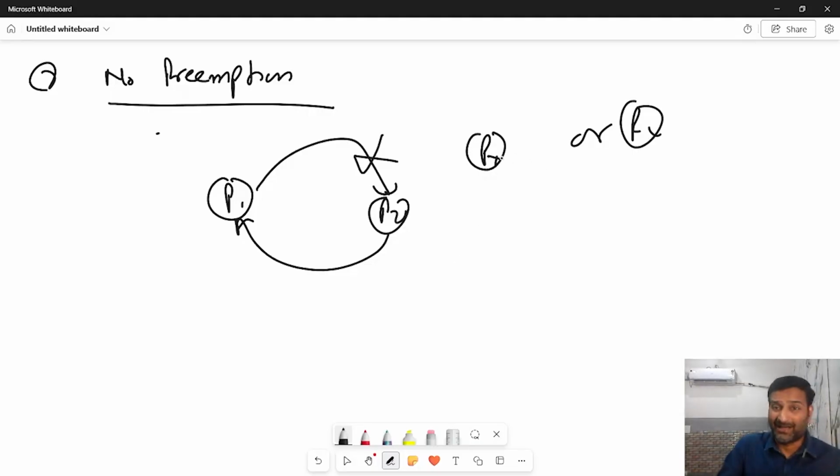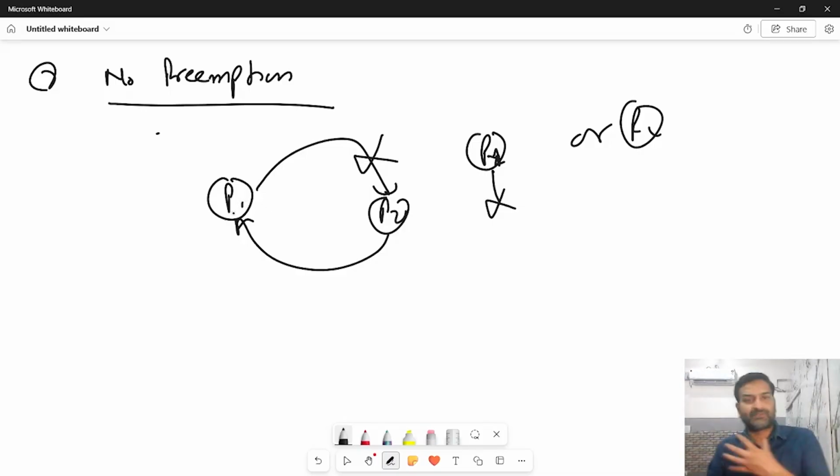Let us say P1 is holding R1. If I preempt this resource R1, it means I have taken away R1 from P1. So I can provide R1 to P2. So P2 can execute because P2 already has R2 and it needs R1.